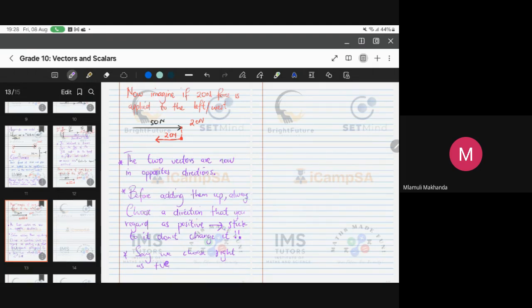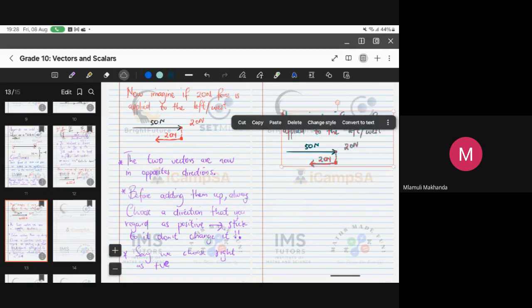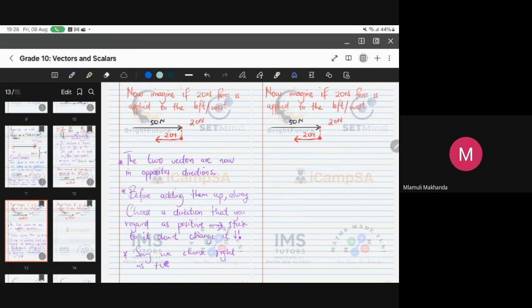Now, that is just the admin of it. But the principle stays: whenever we need to draw the resultant vector, we draw it such that it starts at the tail of the first vector and ends at the head of the last vector.